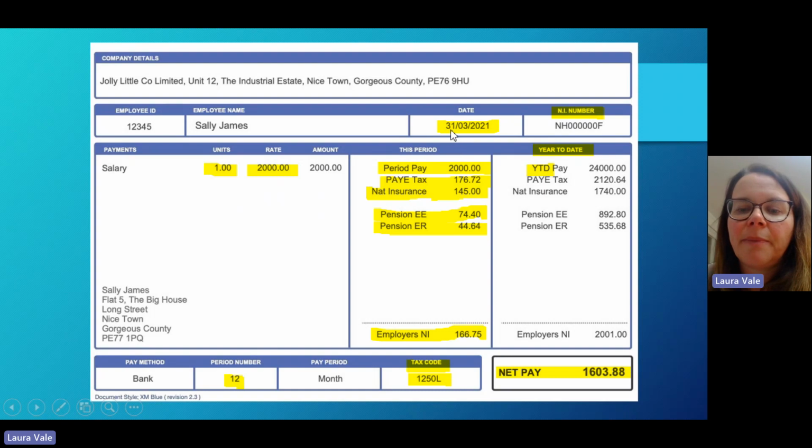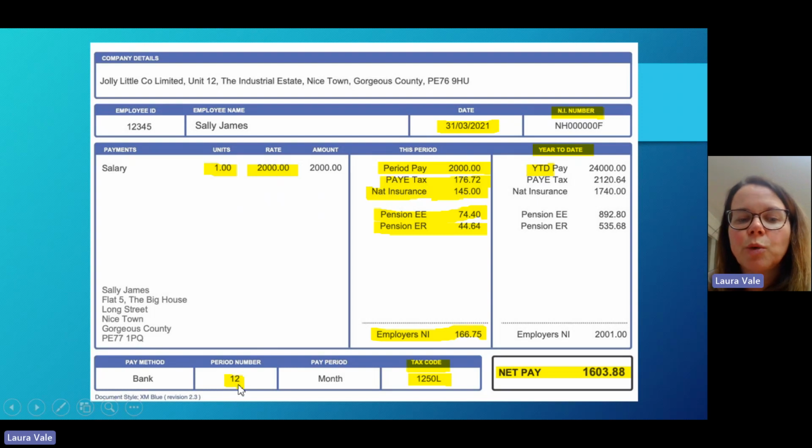So we're looking here at the 31st of March in a given year. Incidentally, the tax year runs from the 6th of April of any year through to the 5th of April of the following year. So by the time you get to the 31st of March, you're pretty close to the end of the tax year. You can see that highlighted down here.